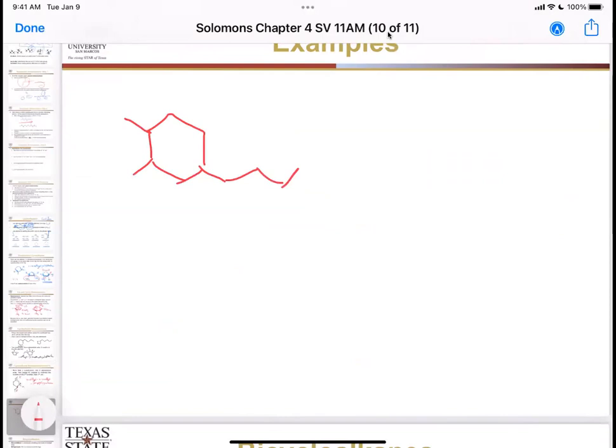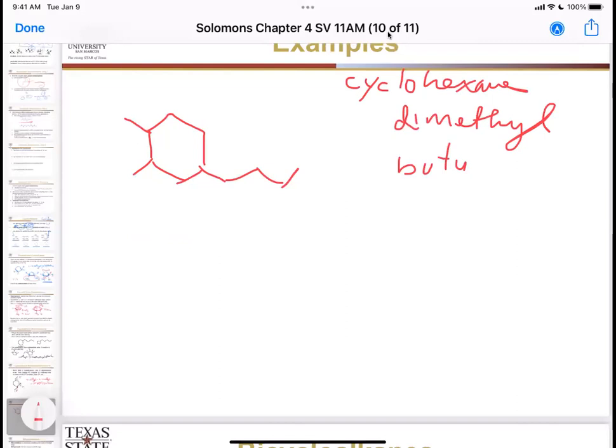Okay, so what's our parent? Cyclohexane. Okay, and what are our substituents? So we can say dimethyl, right? We can dimethyl. We just have to figure out where the numbers are. And then we have a butyl. Okay, so now let's try to find the lowest set of numbers we can have.